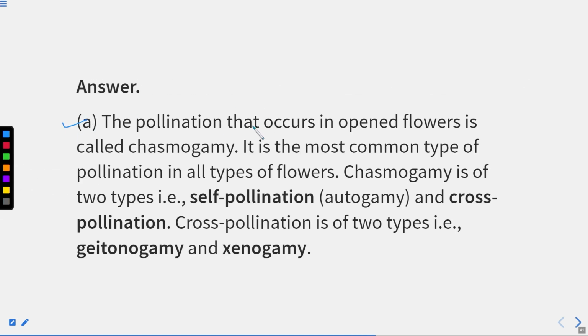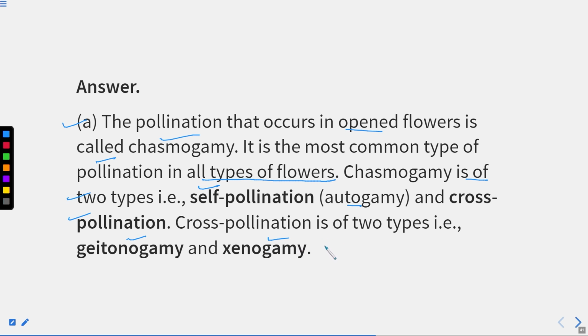The pollination that occurs in open flowers is called chasmogamy. It is the most common type of pollination in all types of flowers, and chasmogamy is of two types. First is self-pollination, which is also known as autogamy, and second is cross-pollination. Cross-pollination is of two types, geitonogamy and xenogamy. Geitonogamy I've already told you. What is xenogamy?